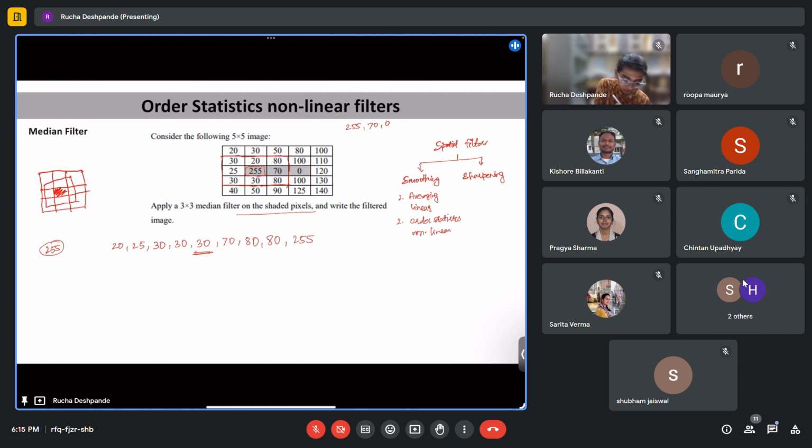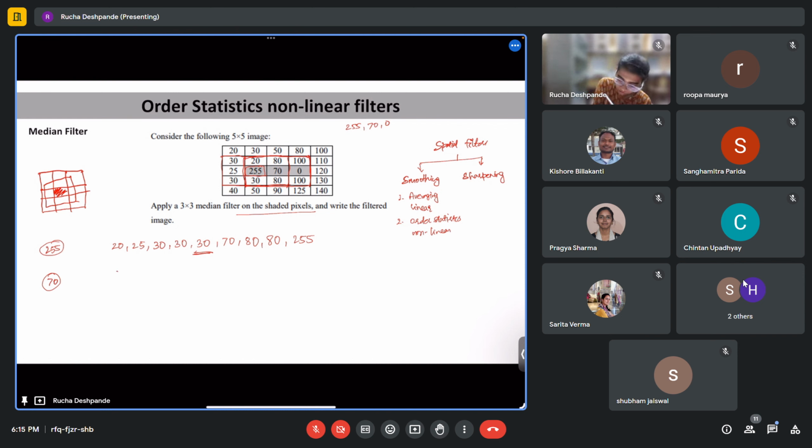Now for 70, again we will consider this neighboring matrix here. So again, we have to arrange these 9 values in ascending order.